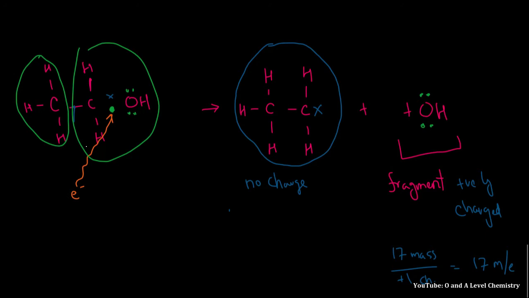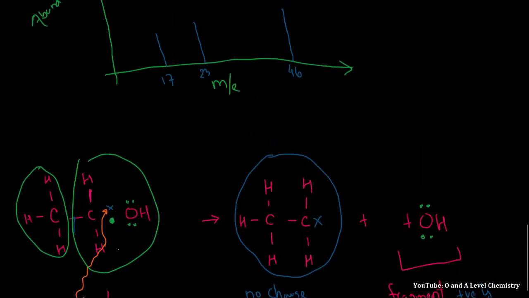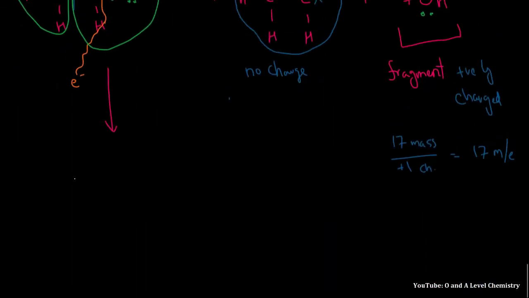Say that this electron went and hit this electron, the electron from the carbon that was used in the bonding. So what would happen now? As this carbon lost the electron, we're going to have a positive side on this one.